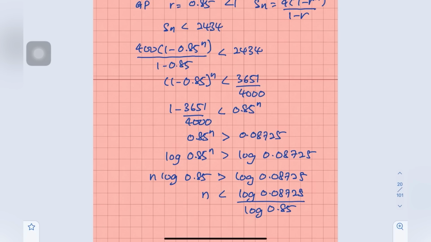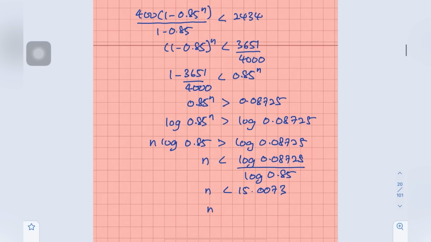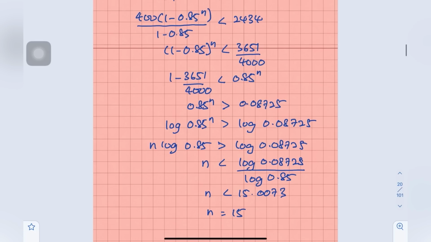Then we get n is less than 15.0073. Since n is the number of terms, we take the whole number, so n equals 15.